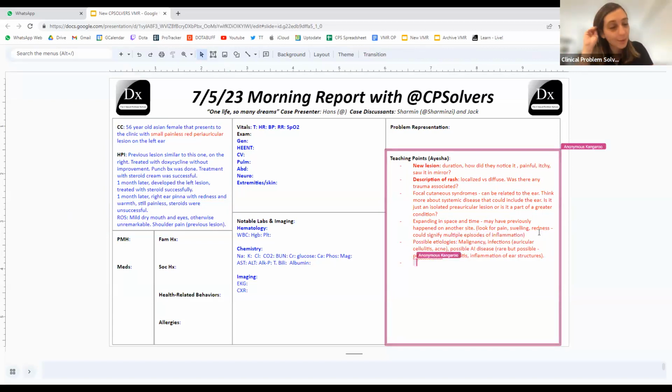I saw Sjogren's being mentioned as well. With Sjogren's, you can either be primary or it can be associated with other ones like lupus, dermatomyositis, and other ones that potentially can have rashes associated with it. So I think the differential is wide open as of now. So I'm excited to hear more.